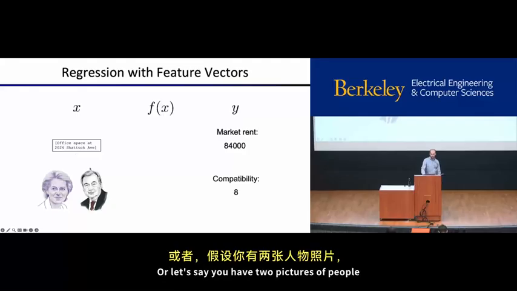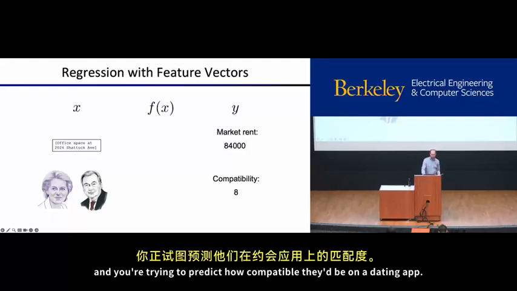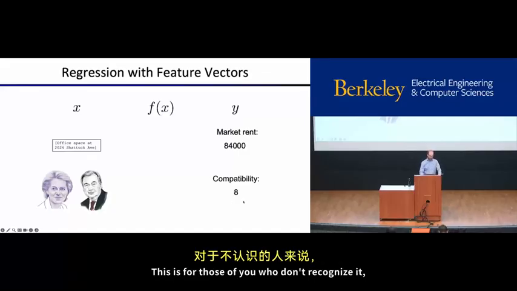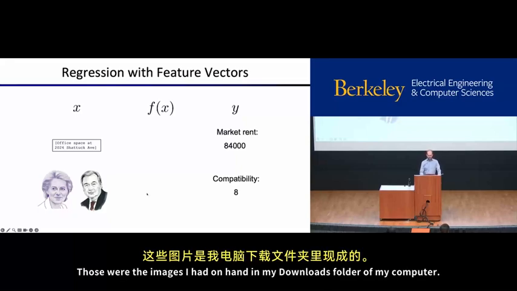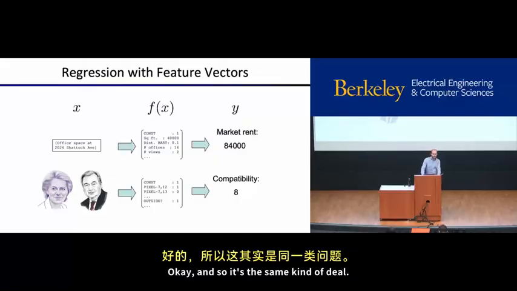Or let's say you have two pictures of people, and you're trying to predict how compatible they'd be on a dating app. This is, for those of you who don't recognize it, the President of the EU and the Secretary General of the UN. Those were the images I had on hand in my downloads folder of my computer. Okay, and so it's the same kind of deal.